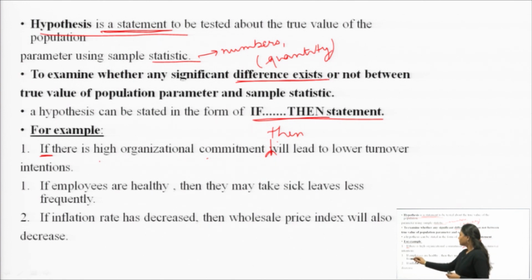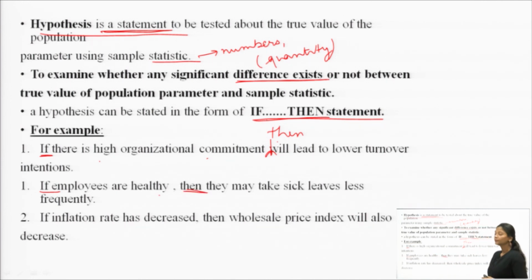Second example, if the employees are healthy, if the people who are working in an organization are very healthy, obviously they will not take sick leaves. So, if the employees are healthy in the organization, then they may not take sick leaves as frequently as they do.